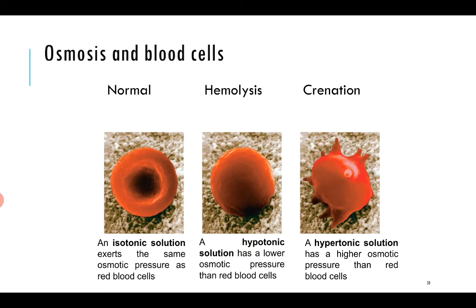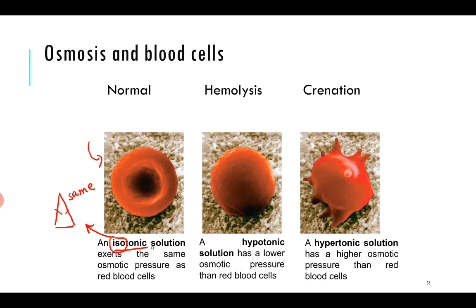The biological example of this is regarding blood cells. I have pictures of 3 red blood cells here under different solution conditions. An isotonic solution, iso is a prefix that means the same, like isosceles triangle has 2 equal sides, and so those 2 sides are the same.